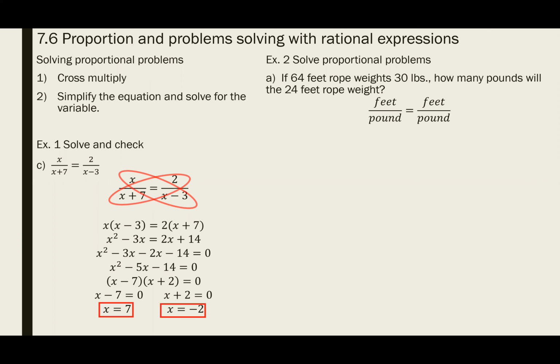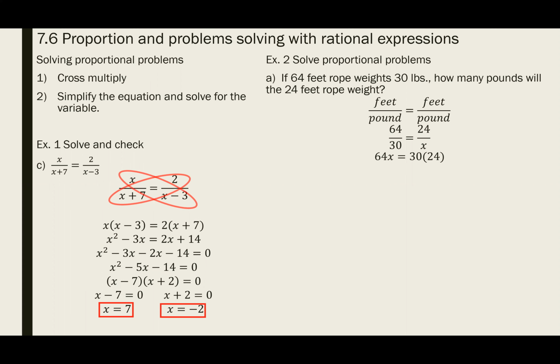So the first thing they give me is 64 feet over 30 pounds. On the second one, they give me the feet, so that will be 24 feet equal to how many pounds. I don't know how much this weight is, so I will put X.